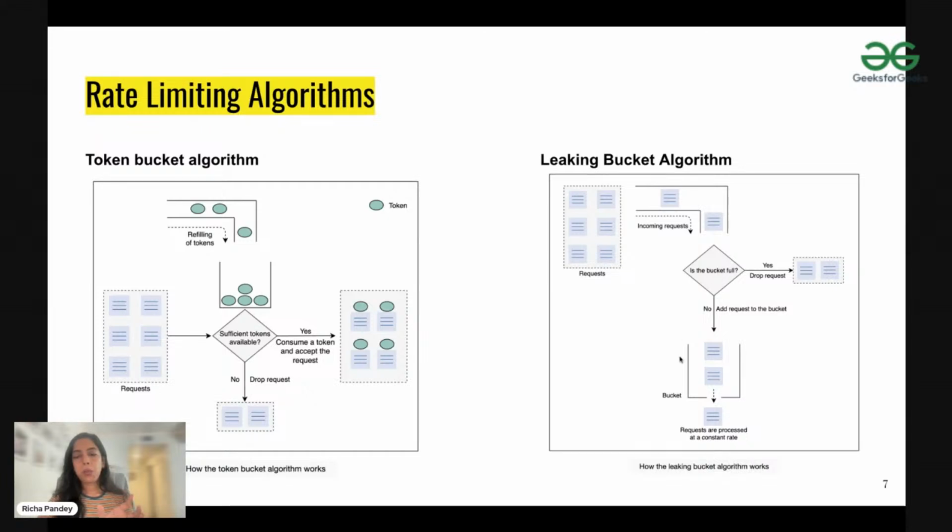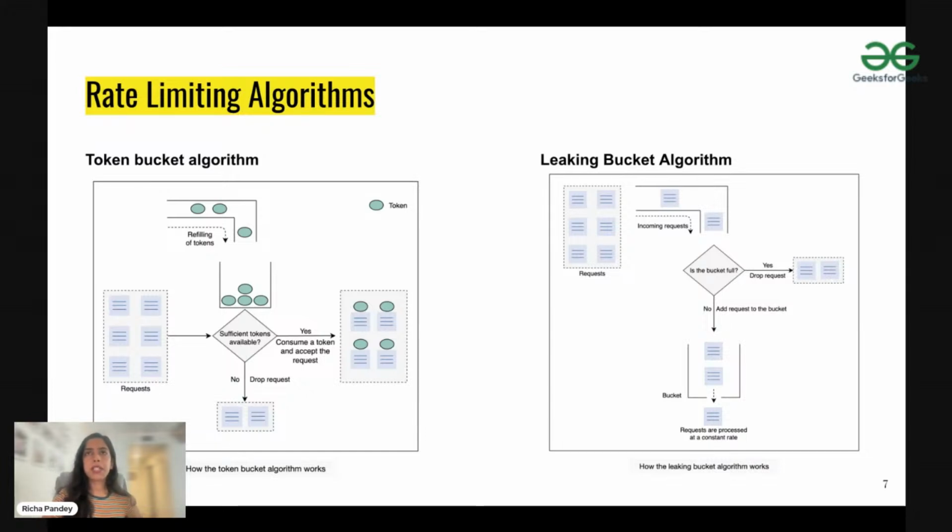Once the bucket reaches its capacity of 10, no more requests can be put in the bucket, so all of these requests will be dropped. We also have an incoming request pipeline where requests keep coming one by one. Once the bucket overflows, any request will be declined. If we have space in the bucket, we can keep putting more requests, and one by one we will process those requests.